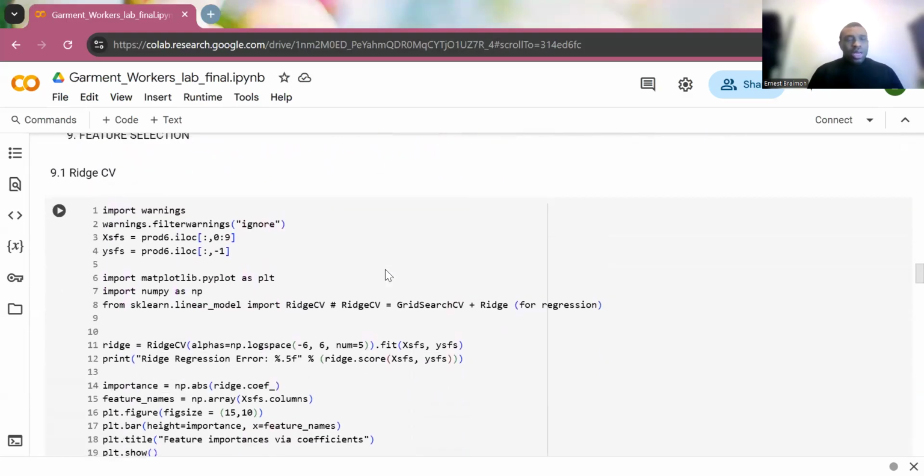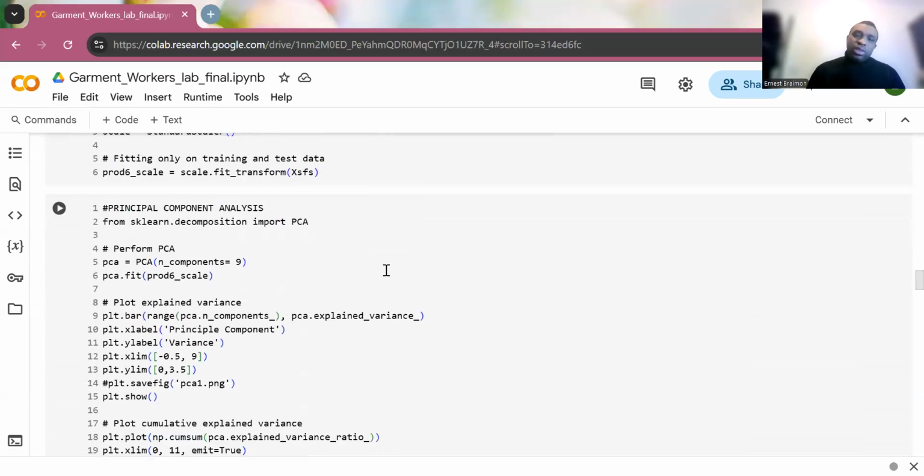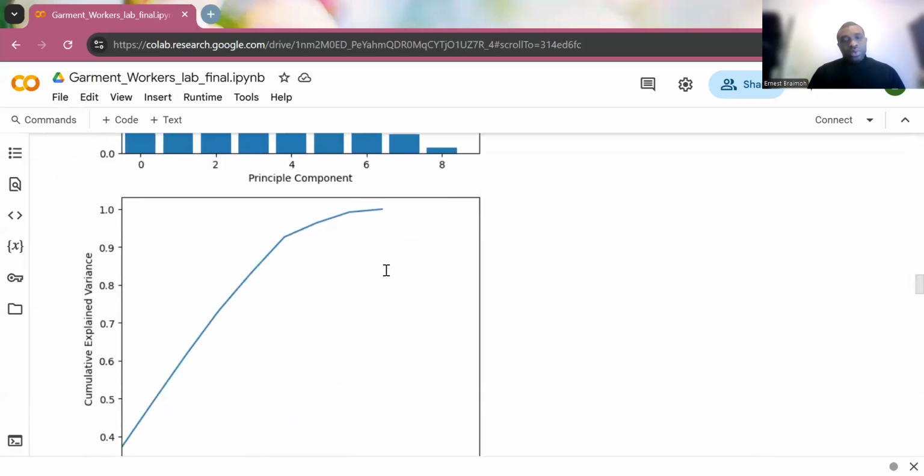Then I started working on visualization of the importance of the columns.